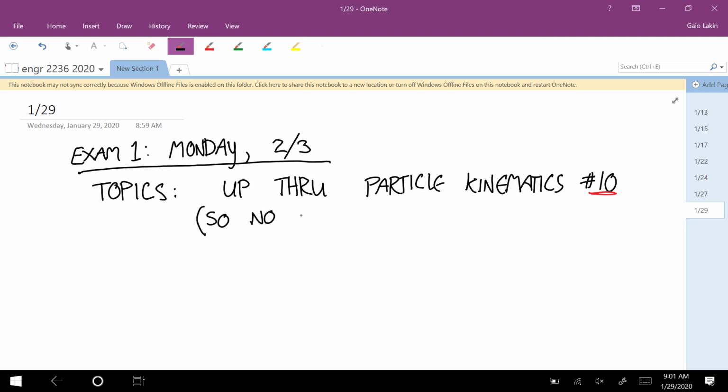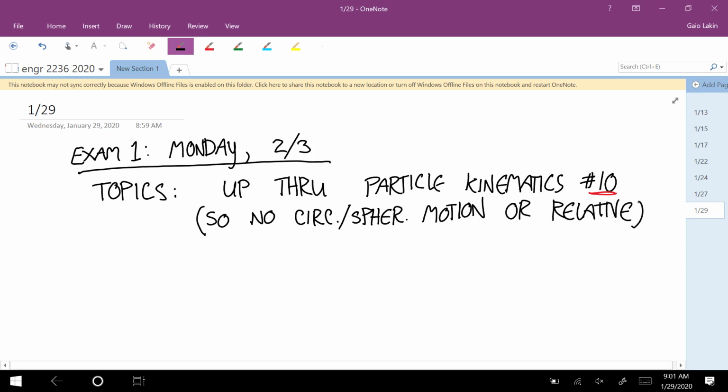So no circular and spherical motion, or relative motion, which is the new thing we're going to get into today. Relative motion.